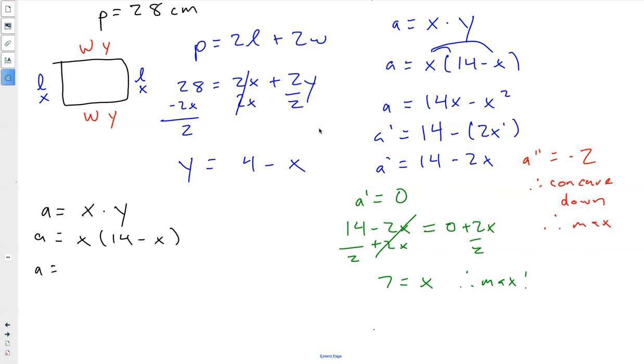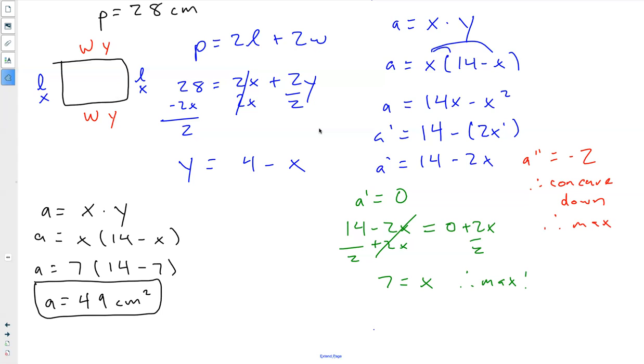So A is equal to 7 multiplied by 14 minus 7. And 7 multiplied by 14 minus 7 is 49. The perimeter is in centimeters, so our area will be in centimeters squared. So that is the max area of a rectangle.